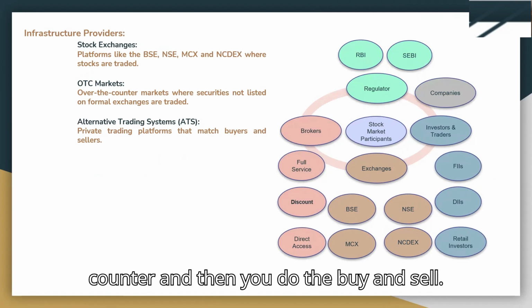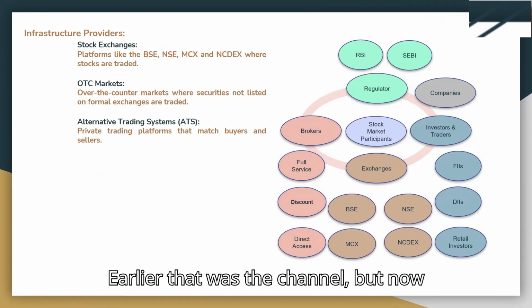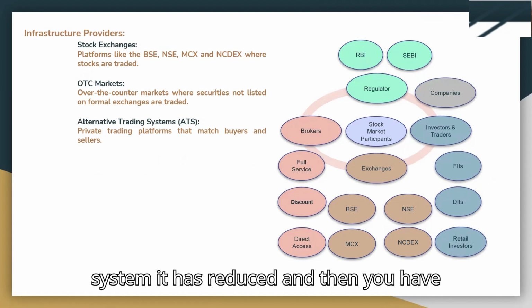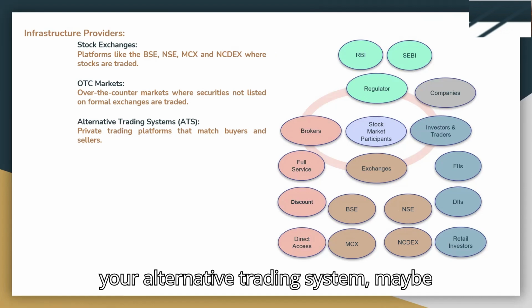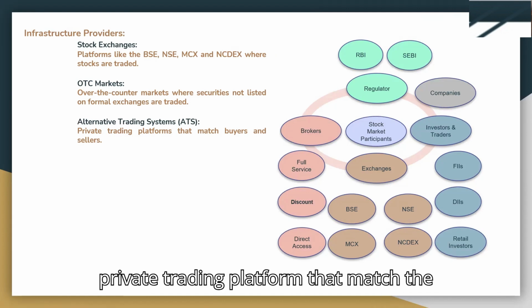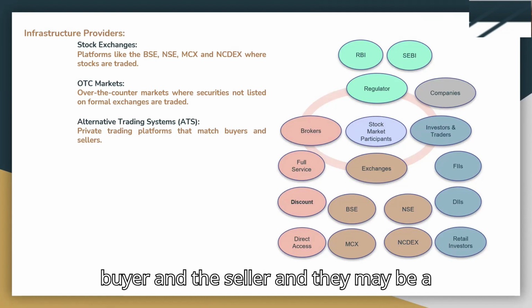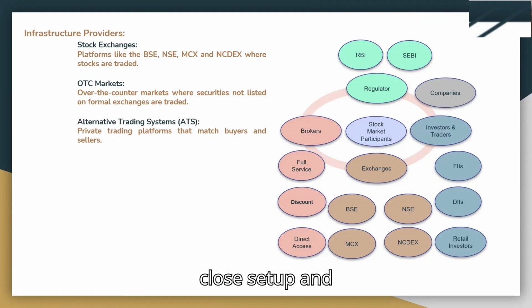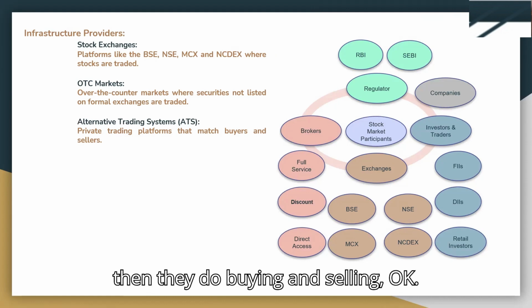You go to their counter and then you do the buy and sell. Earlier that was the channel, but now with the advancement of online systems, it has reduced. And then you have your alternative trading system, maybe a private trading platform that matches the buyer and the seller. They may be a consortium of a few people working in a closed setup, and then they do buying and selling.